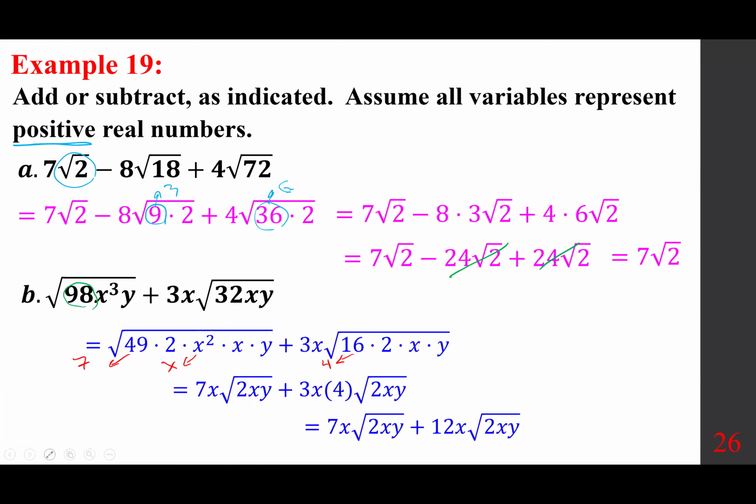And now notice this part is identical to this part. You can say, for example, 7z plus 12z is 19z. So 19x square root of 2xy. So I hope it's clear to everybody. It's very straightforward.